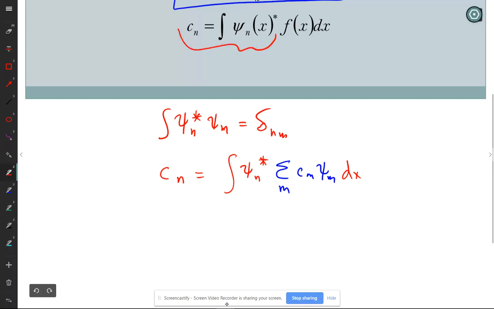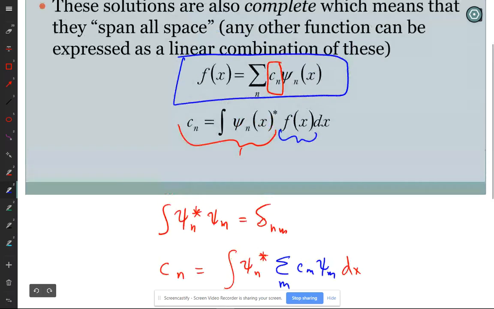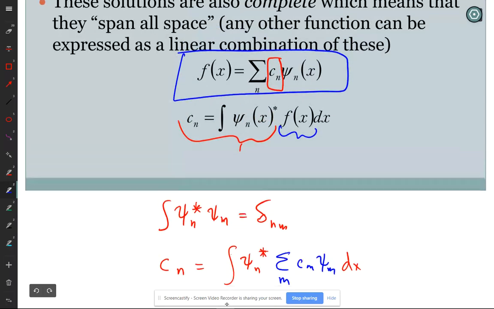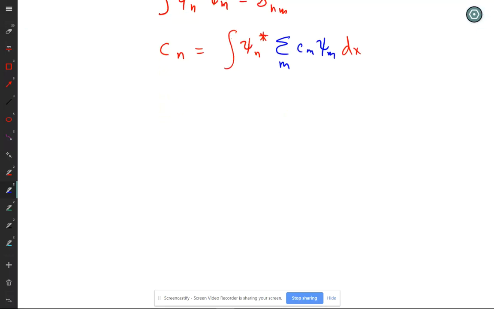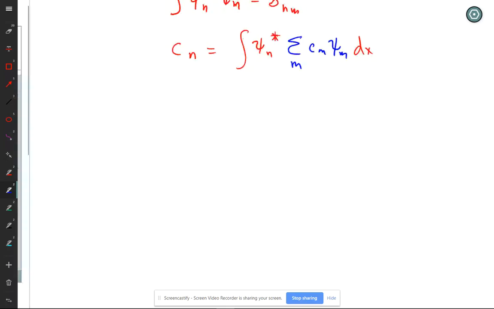This stuff here is in red. And then for f of x, I put the function that's in the box there. So this here is rewriting that equation for C of n, and we want to show that this will collapse down to give me just C of n. If it doesn't, we got a problem, because we're basically testing to see if the right side is equal to the left side.